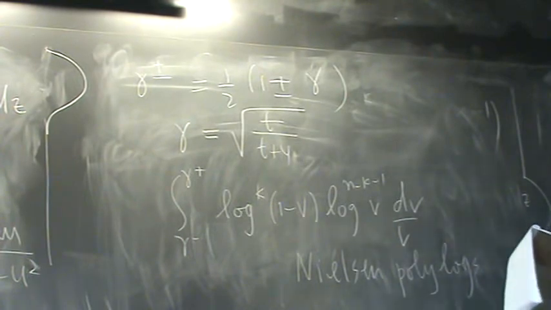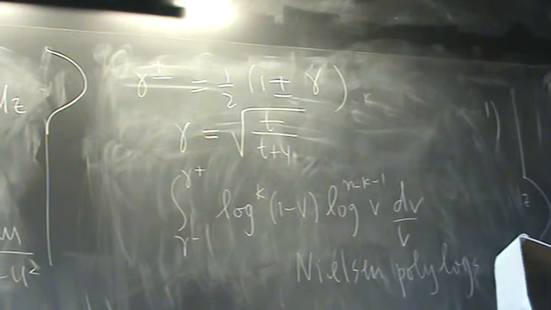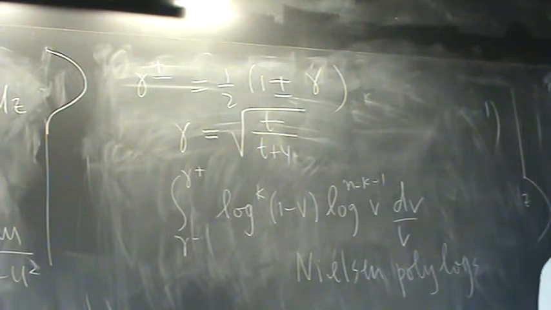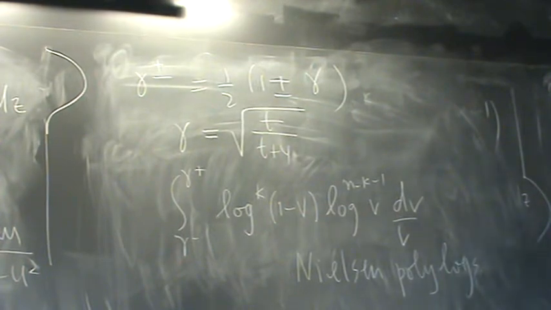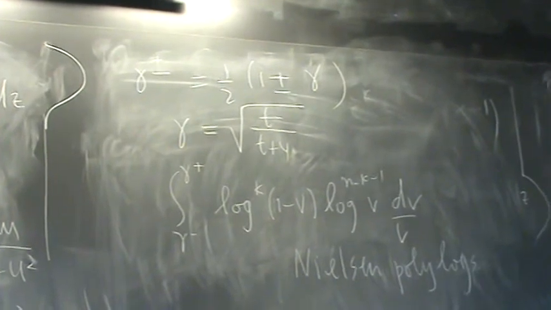But for n equals 2 and 3, everything reduces to single polylogs. And let me give you the expression for n equals 2.